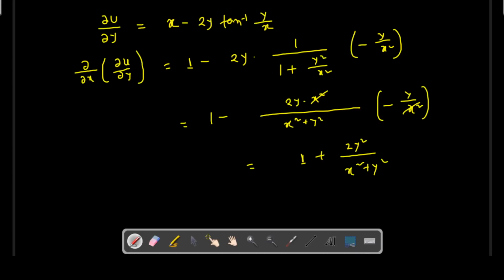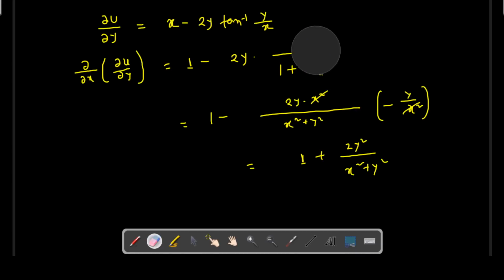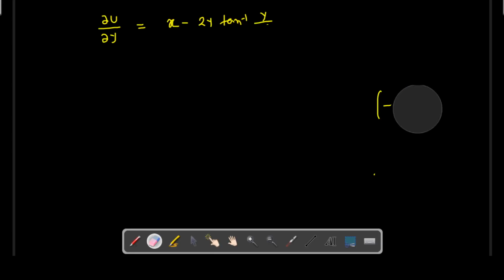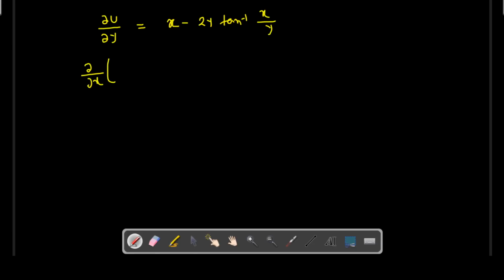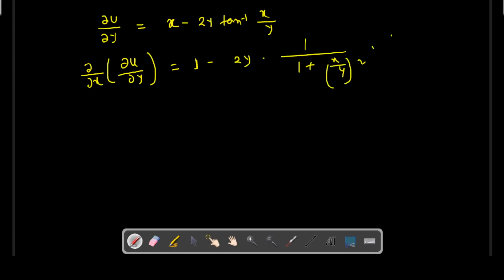Okay, so this is x by y. So you can do it. It was x by y, okay. So if you take differentiation with respect to x, then it will be 1 minus 2y into 1 by 1 plus x by y whole square into 1 by y.